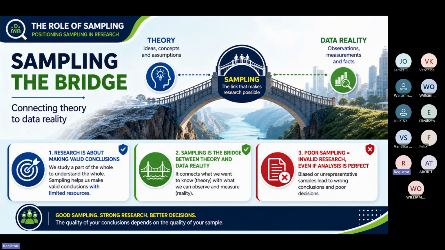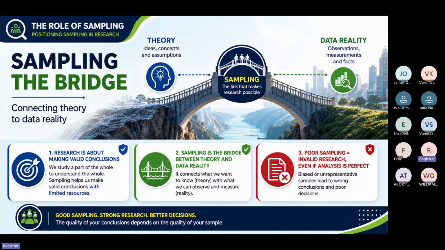So what we can say is that in research, we have to make valid conclusions, because those are the decisions we are going to take. We are using limited resources. We are not going to the entire population to do our study. We are not going to all the graduate trainees in Kampala's private sector banks. But we do a sampling, like you have told, cluster sampling.